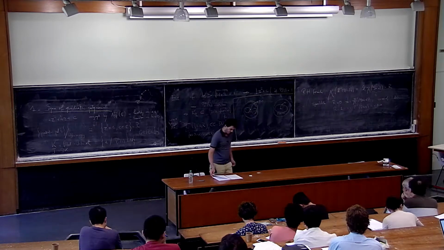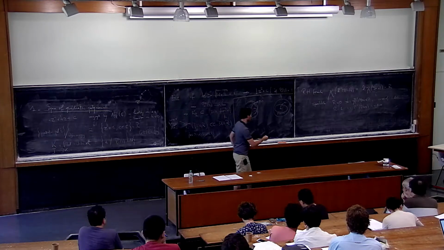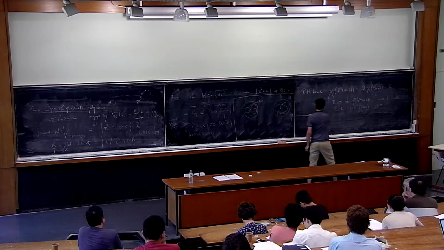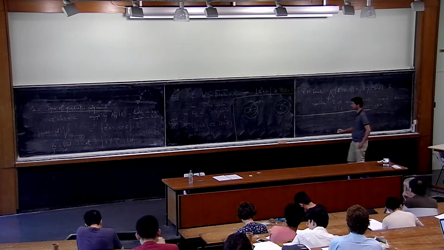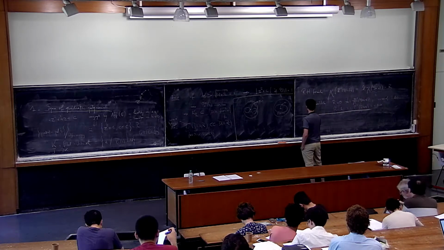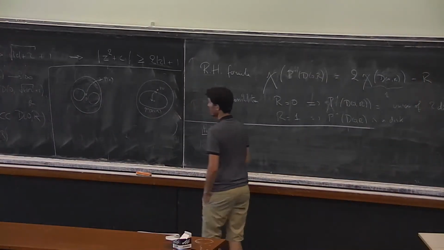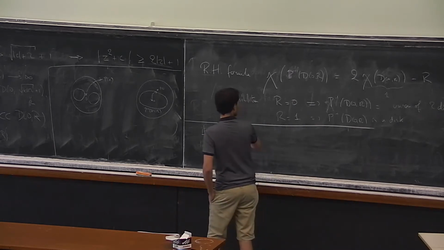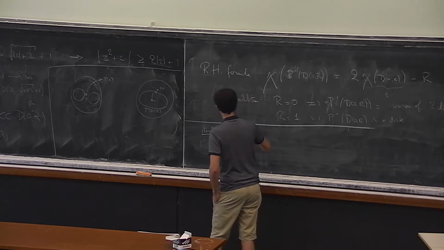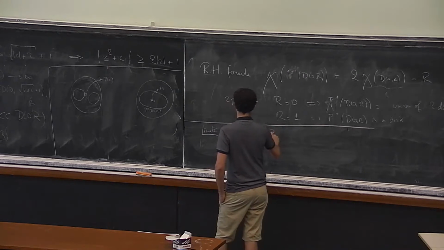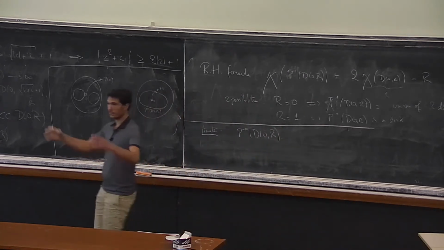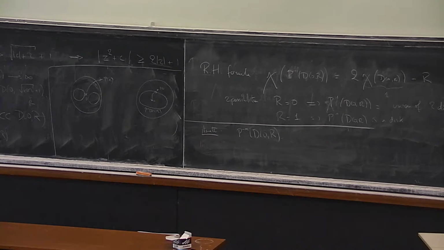And of course, you can iterate this picture. So when you iterate this, what happens? You take the iterated preimage of this disk of radius r, and you get a sequence of nested sets.